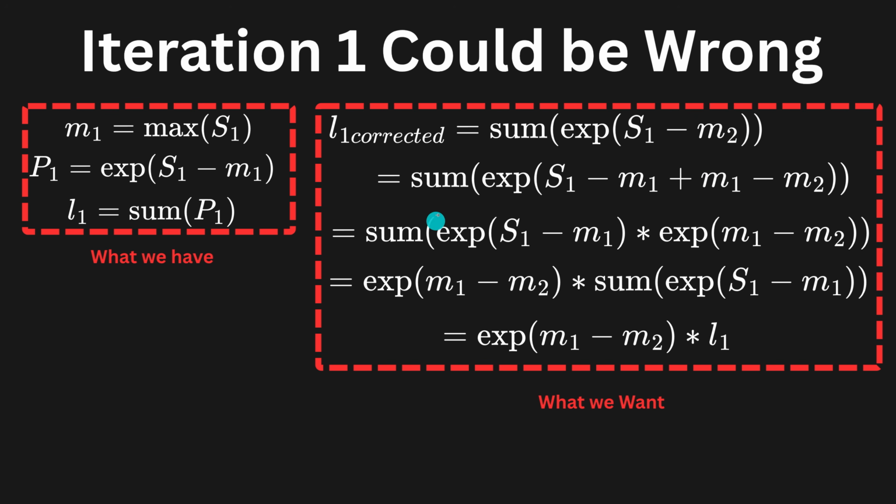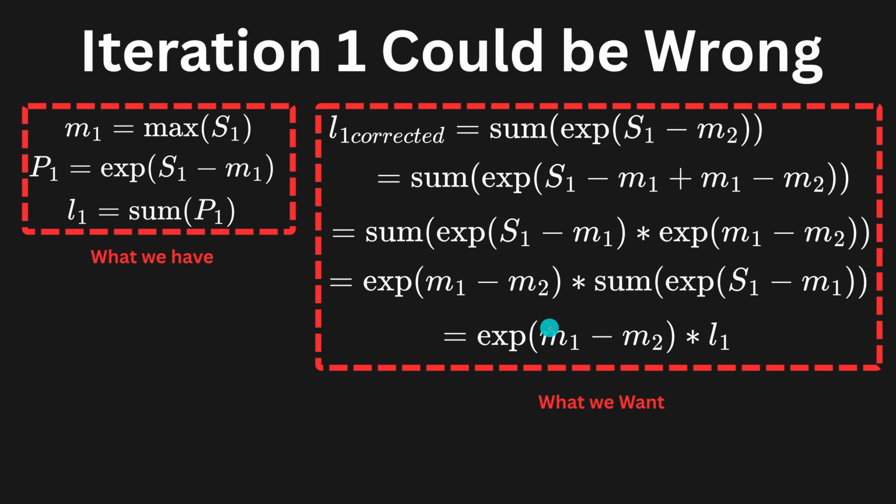We're going to go ahead and split up the S1 minus M2. We have the M1 minus M2 term, and then we have e to the power M1 minus M2. This is that adjustment term from earlier, times the sum of exp S1 minus M1. And so we're essentially going to have exp M1 minus M2, the adjustment term, times L1, because the sum of exp S1 minus M1 was exactly what we had for our L1.